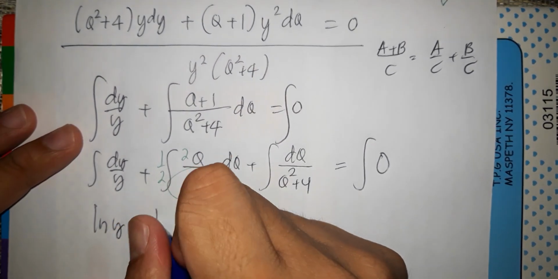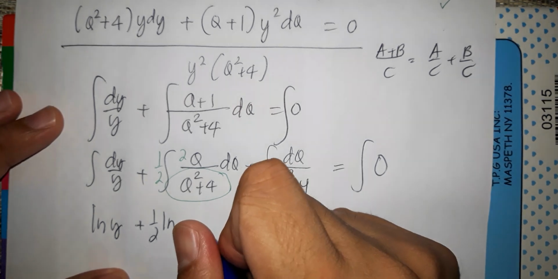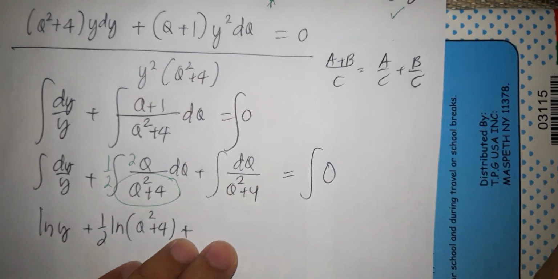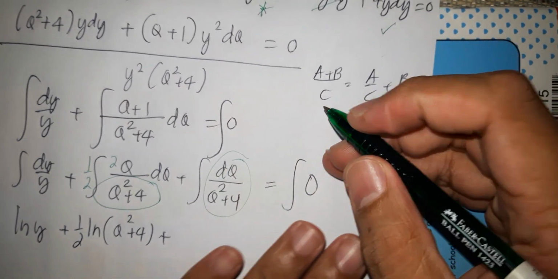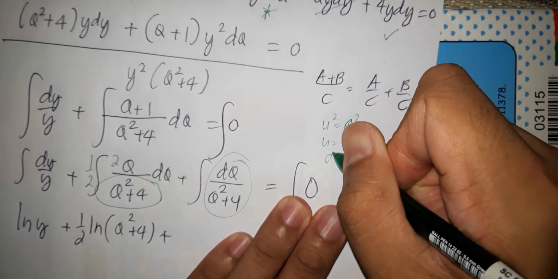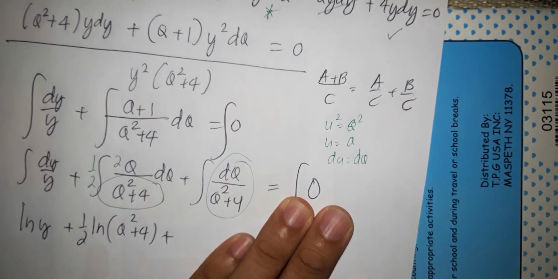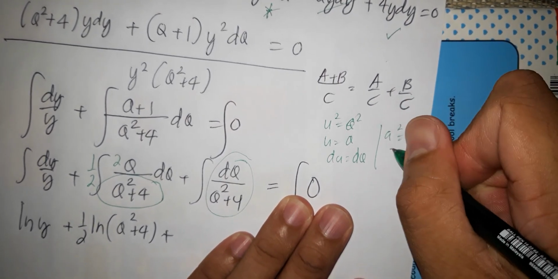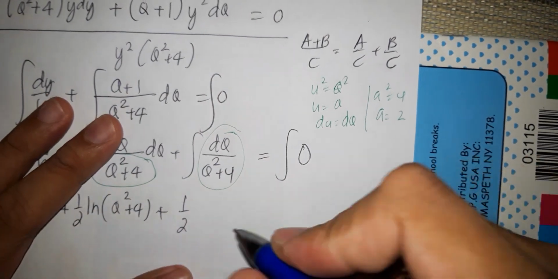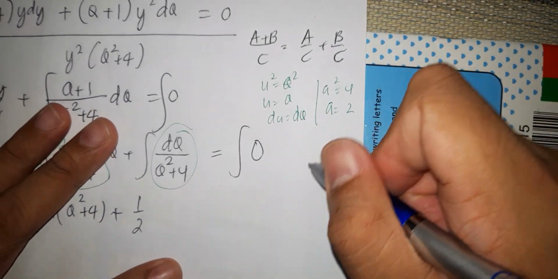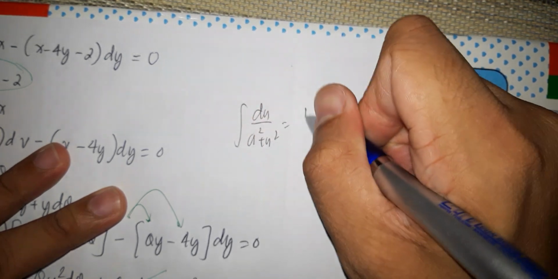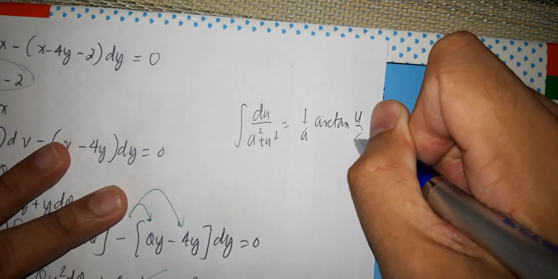So, magiging plus 1/2 ln of q squared plus 4, plus using integrals of arctangent, let u squared be equal to q squared, then u is q, then du is dq, then if a squared is 4, then a is equal to 2. Then using arctangent formula, ang formula natin ay integral of du over a squared plus u squared is equal to 1 over a arctangent u over a.